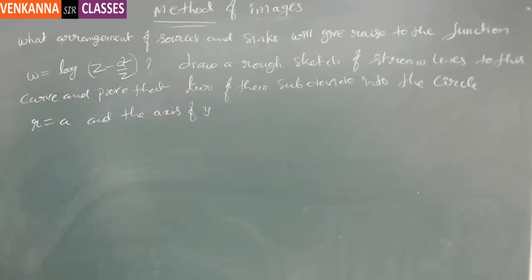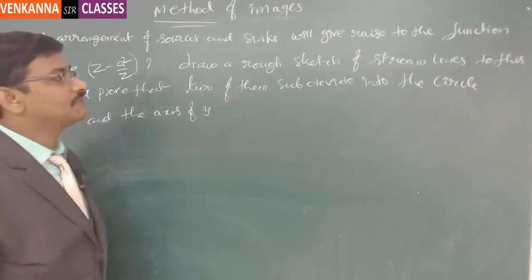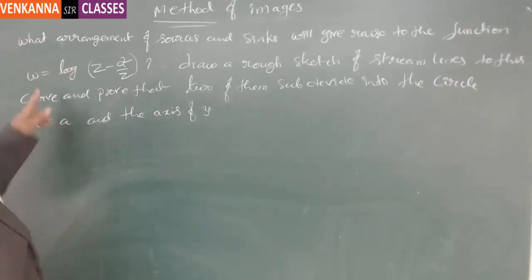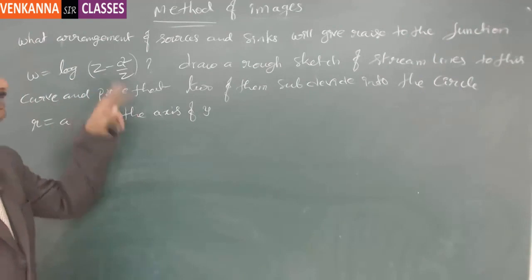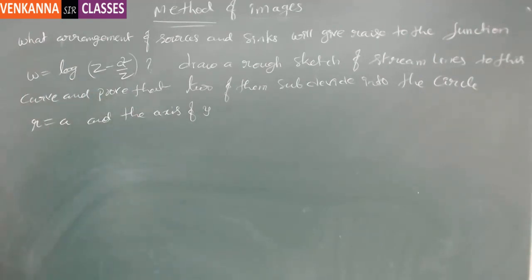So here, what arrangement of sources and sinks will give rise to the function W is equal to log of Z minus a square by Z, and draw a rough sketch of the streamlines to this curve and prove that two of them subdivide into the circle r is equal to a and the axis of y.